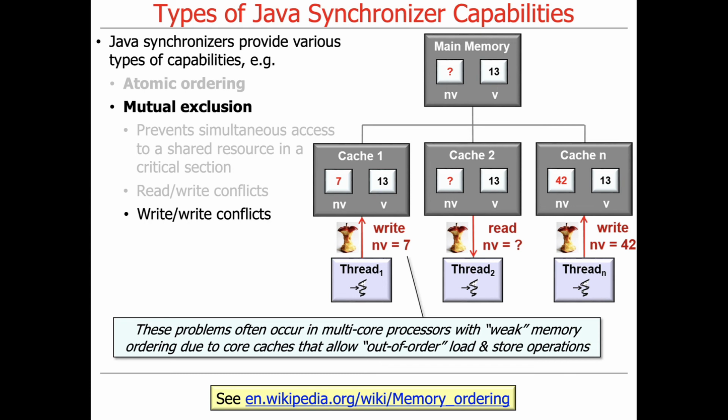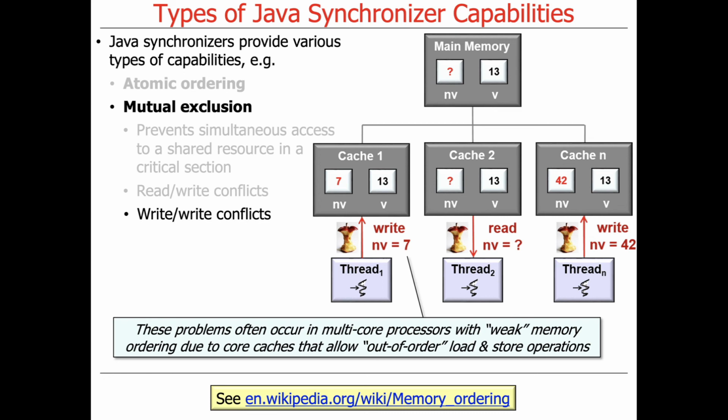And thread T2 reads from the non-volatile value. And thread N writes to the non-volatile value. And that all happens at the same time. What on earth is cache 2 and thread T2 going to have? It's anybody's guess, right? So that's the problem in context.